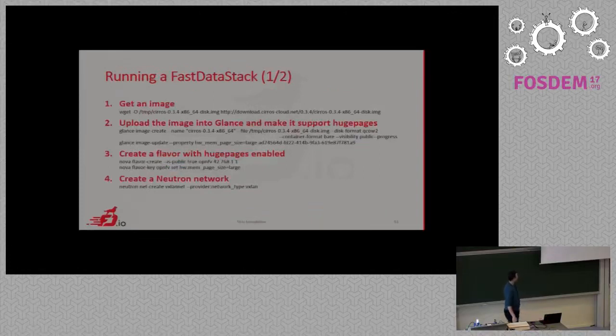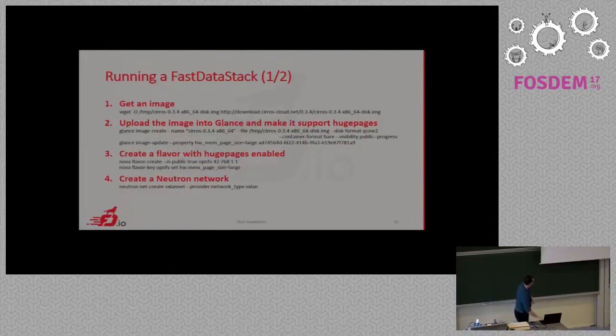Okay, and now here's a simple cookbook for how to create a VM. What you need to do is get an image as shown there, and then by turning on huge pages and using a correct flavor, you can create a VM out of that.